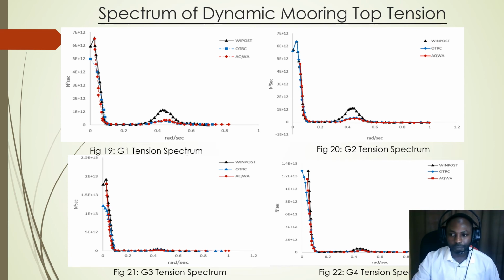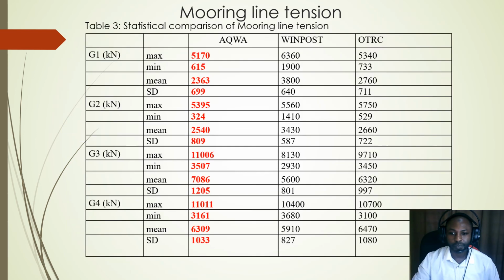the Wimpus result is way higher than the two results, which according to the comment in the paper, is due to the lack of consideration of viscous hull effect in the simulation.